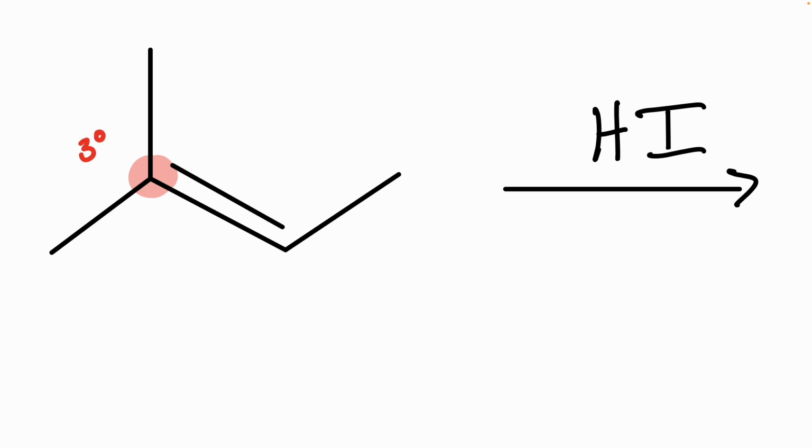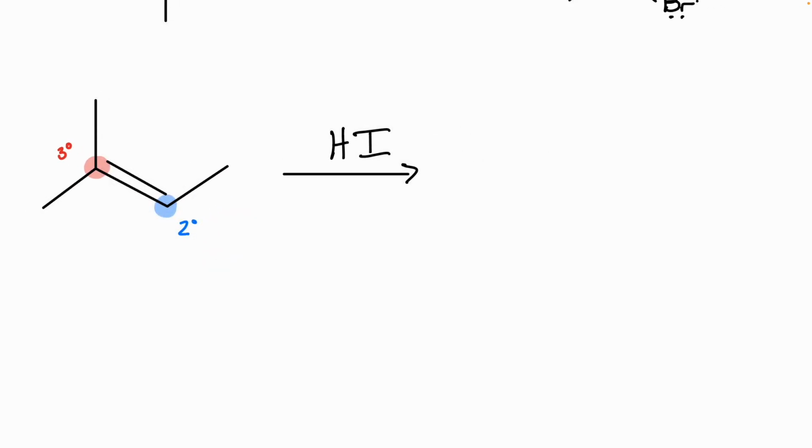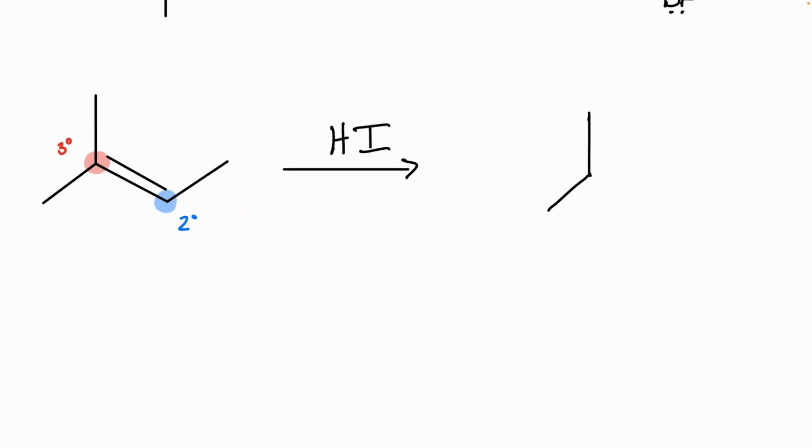And I'm going to jump to my other carbon and say, how many neighbors does this carbon have? What's my degree of substitution? 2. Only 2. So if they were both the same, then I would put a halogen on each of them, but we have a difference here. So we're going to have a preference for one side over the other. My iodine is specifically going to go on that more substituted red carbon.